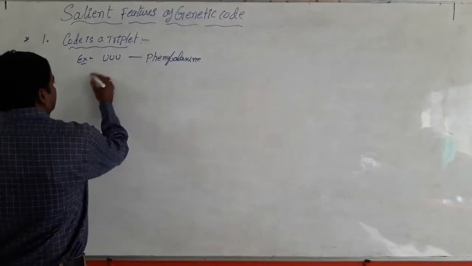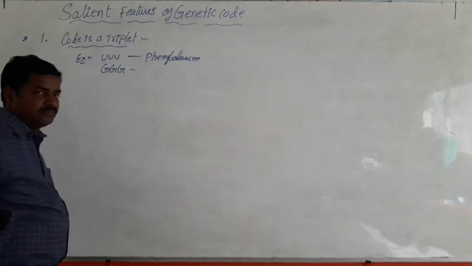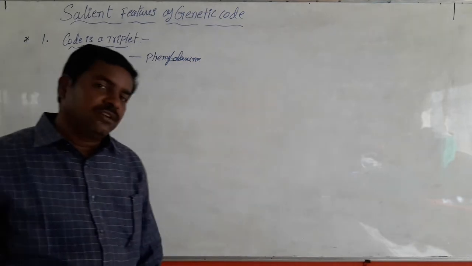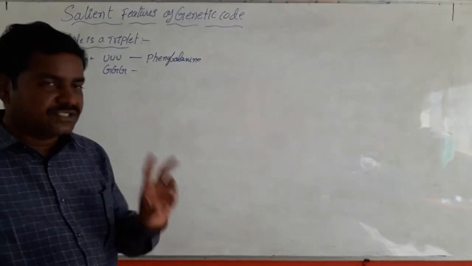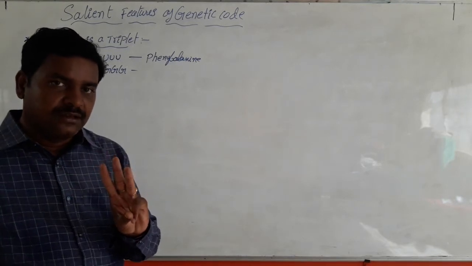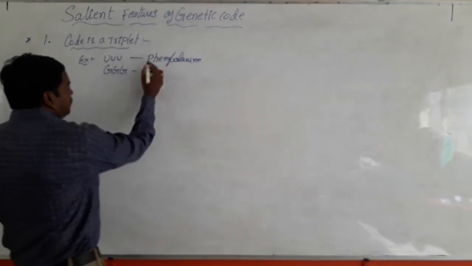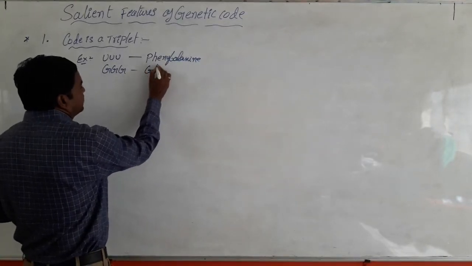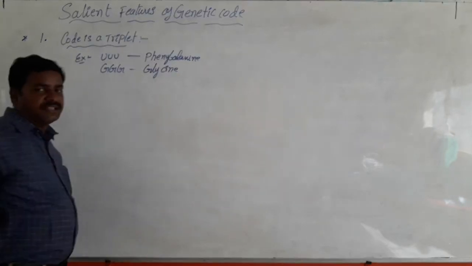Similarly, another codon, GGG, also consists of 3 nitrogen bases, is also a triplet code, and this codon recognizes the amino acid glycine.